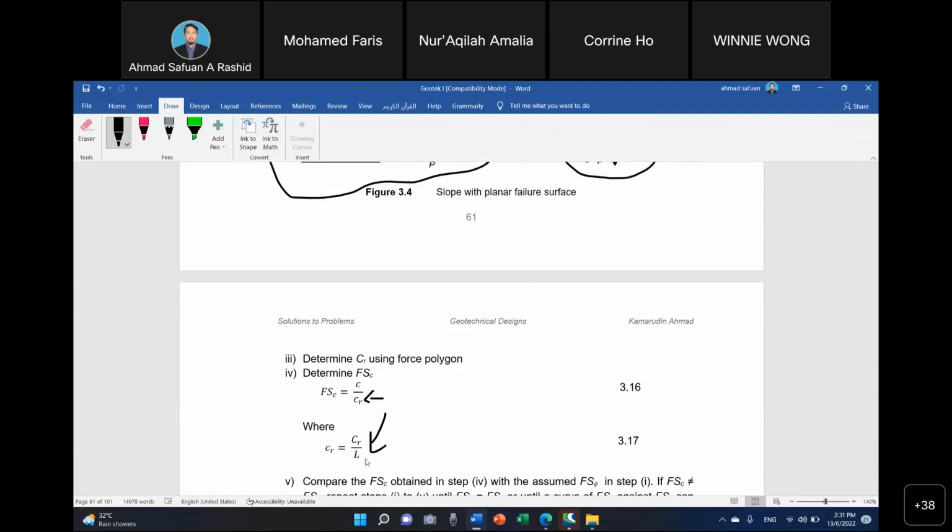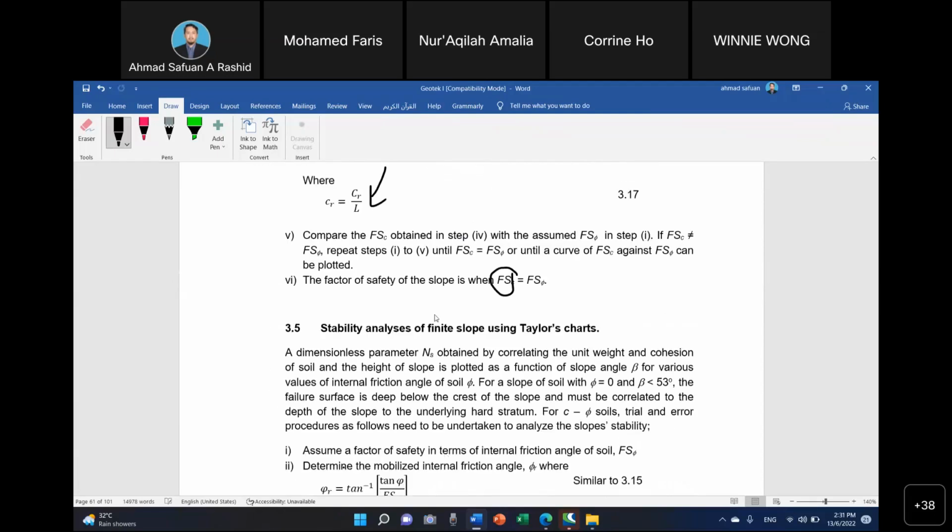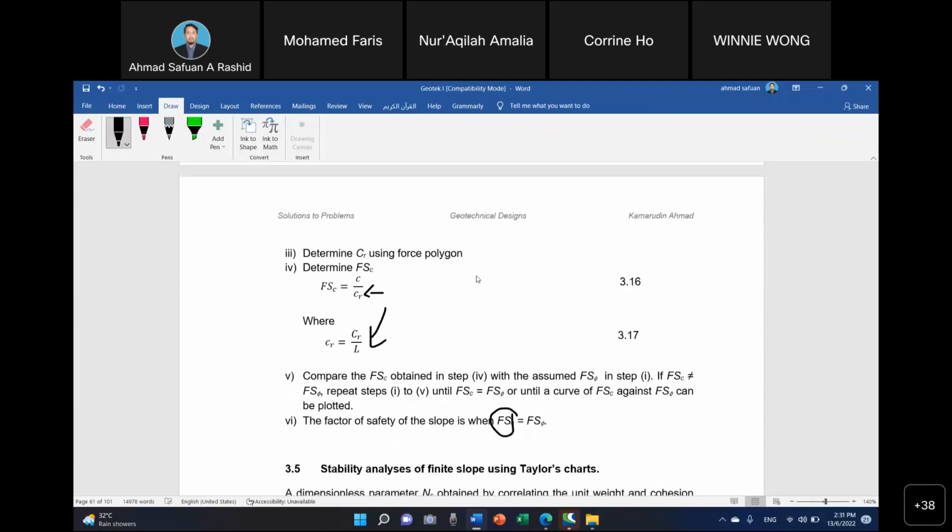Compare the factor of safety obtained in step 4 with the assumed FS phi in step 1. If the FSC is not equal to FS phi, repeat steps 1 to 5 until FSC is equal to FS phi, or until a curve of FSC against FS phi can be plotted.